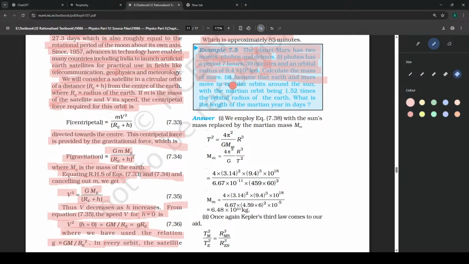Assume that Earth and Mars move in circular orbits around the Sun, with the Martian orbit being about 1.52 times the orbital radius of the Earth. What is the length of the Martian year in days? This is also a time period question. This is the first answer.